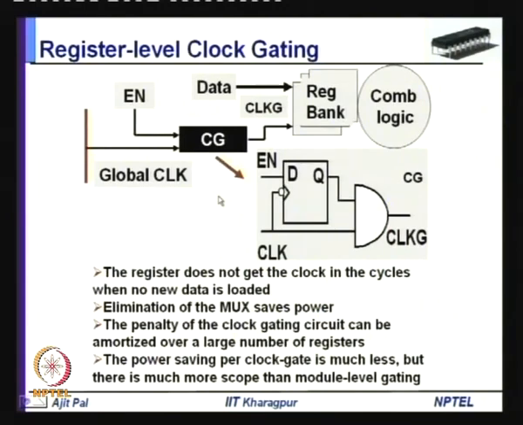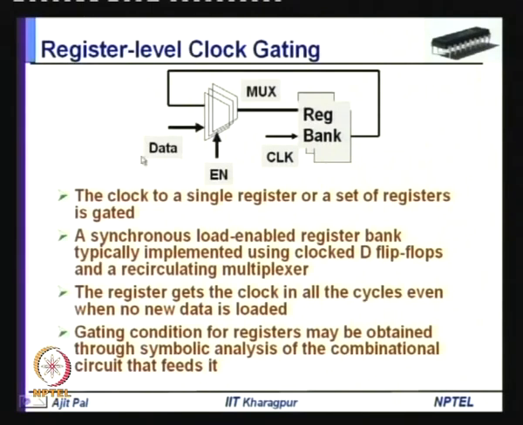is shown here. So, as you can see, your global clock is not applied to the register bank directly, but a gated clock is applied, and an enable signal is generated with the help of additional hardware, the FCG, which I mentioned earlier, and that enable signal can be found out by symbolic analysis of the combinational circuit that feeds it.